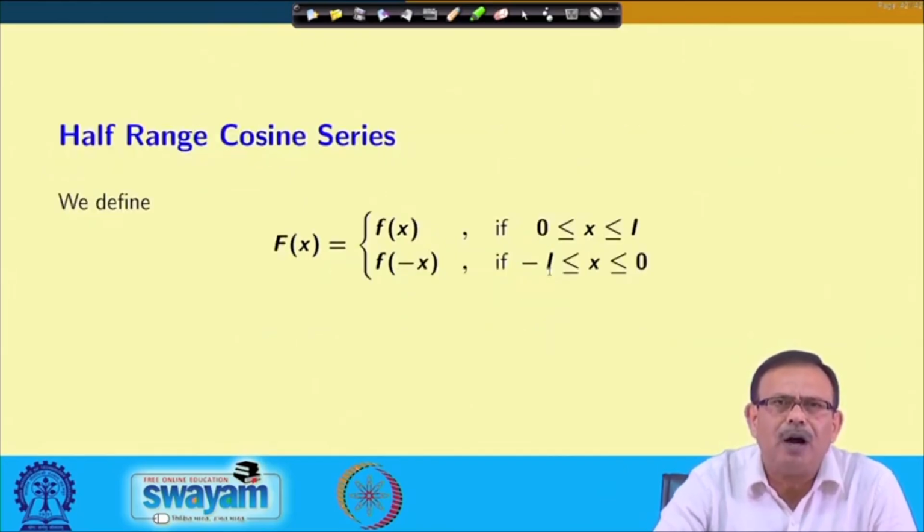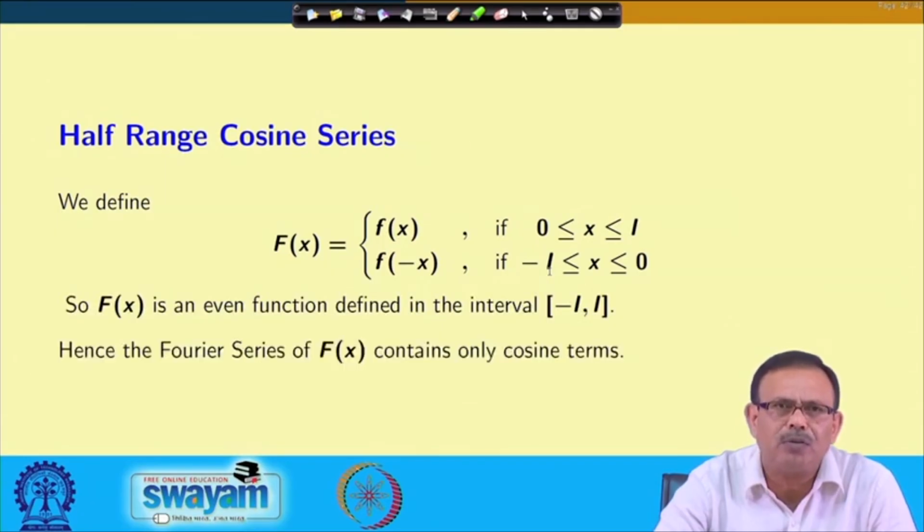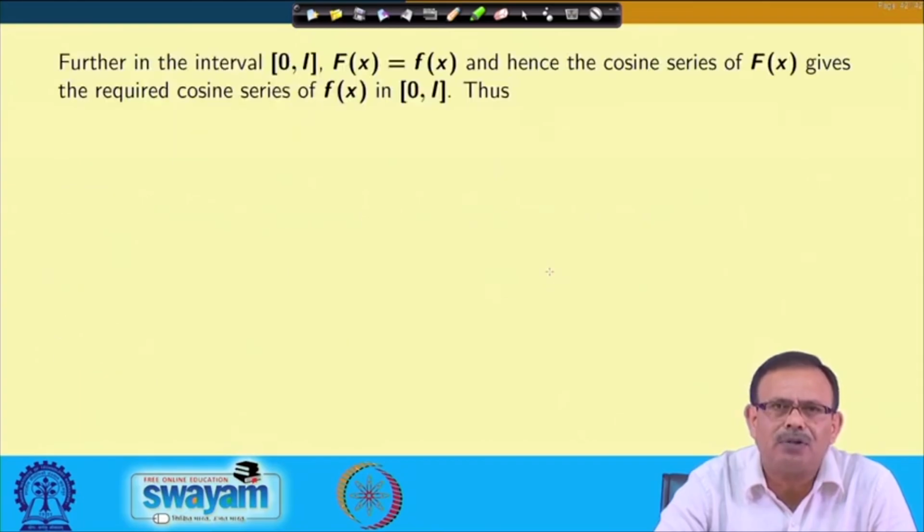Similarly, you can define half range cosine series. Here the new function capital F x we define as f x in 0 to L and f of minus x in minus L to 0. So that F x is an even function in the interval minus L to L, and the Fourier series of F x we can find out, and it will consist of only cosine terms.